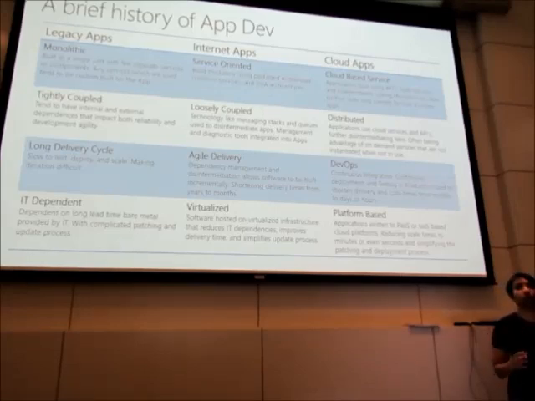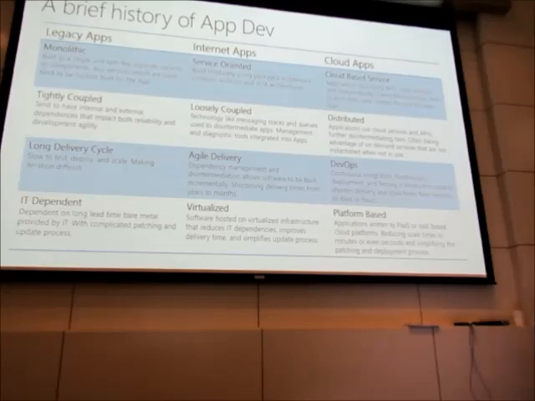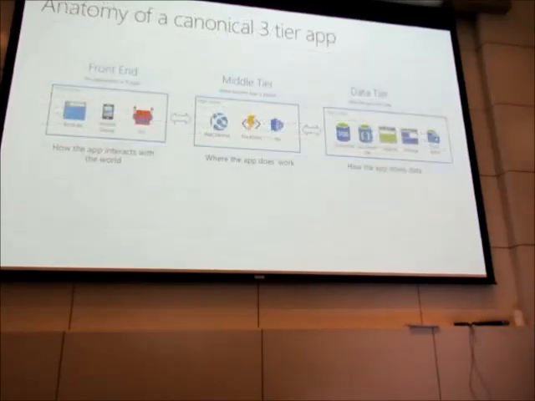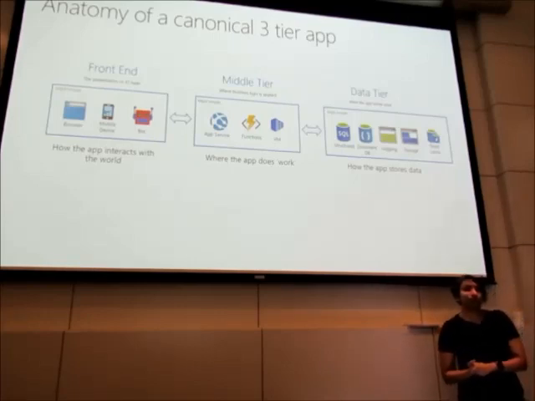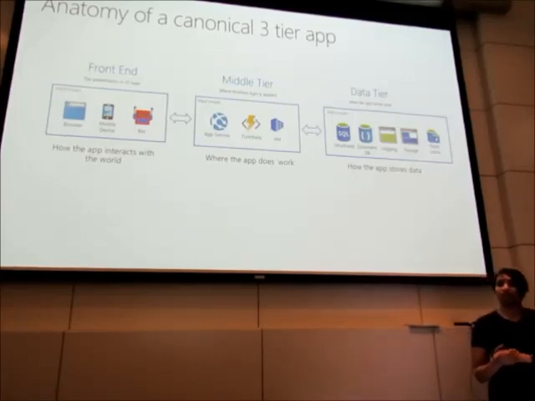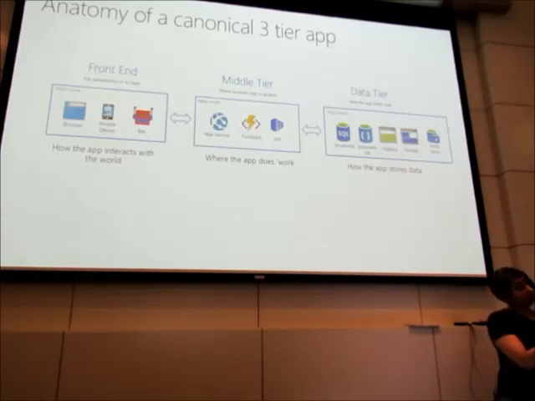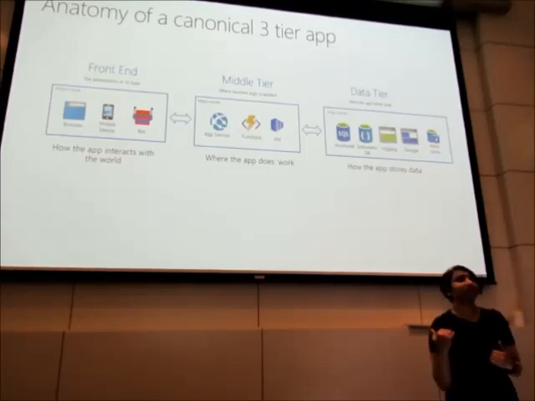So there are multiple things happening here. And then, what are the application tiers here? Even if you go from very old applications like monoliths to microservices today, this stays the same.